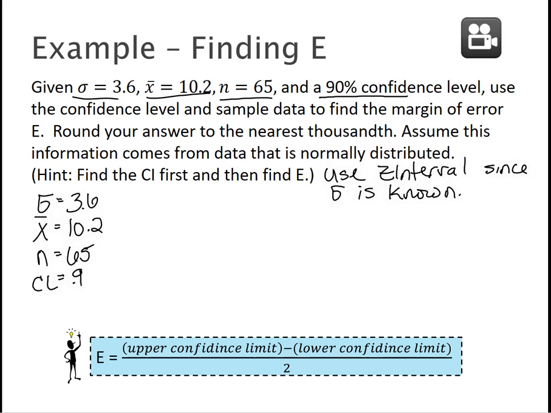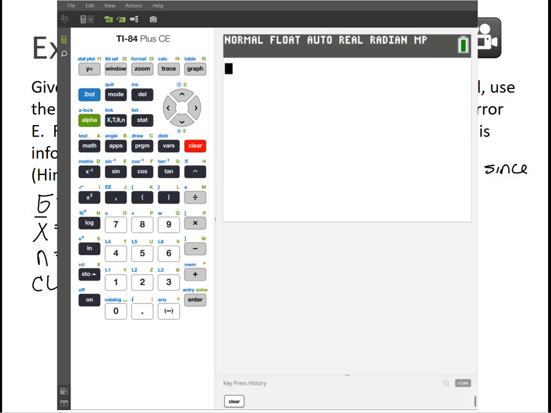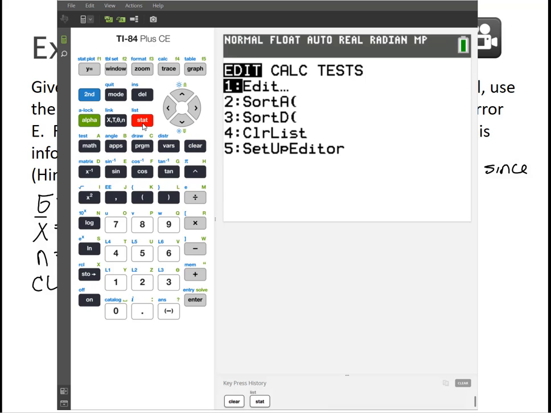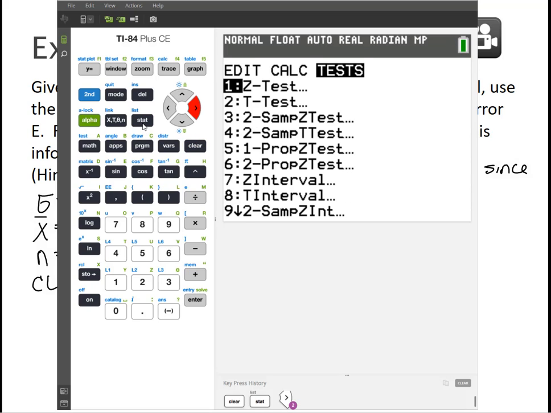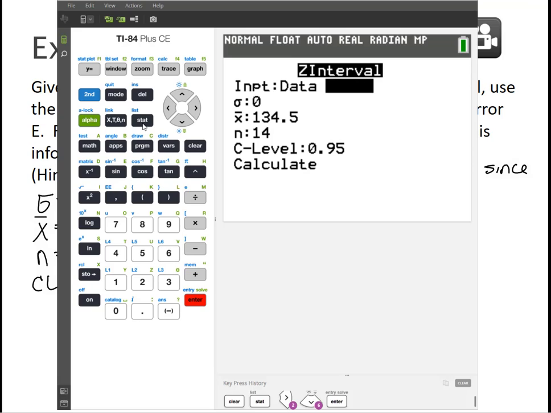I'm going to bring up my calculator. To find the z interval function, I hit stat, tab over to tests, and z interval is option 7. I tab down and hit enter. The first item on the list is input, and I have to choose between data and statistics.